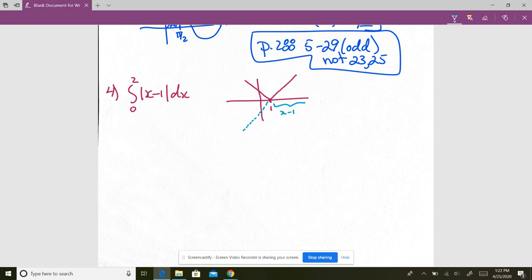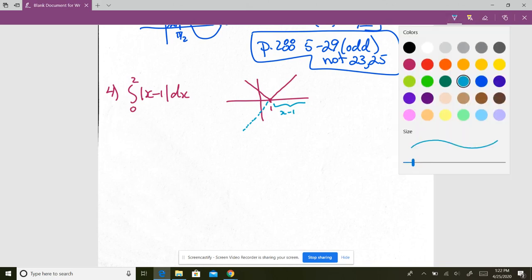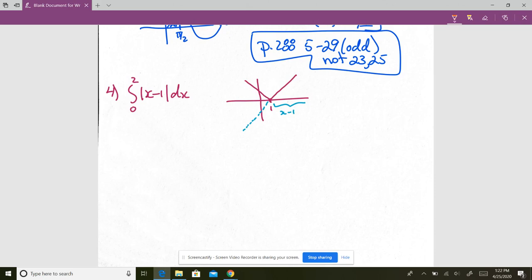There's the graph of x minus 1, it's just a line. We absolute value it, and this part flips up. So this part of the graph, in orange, is negative (x minus 1). That's how you get it to flip up.